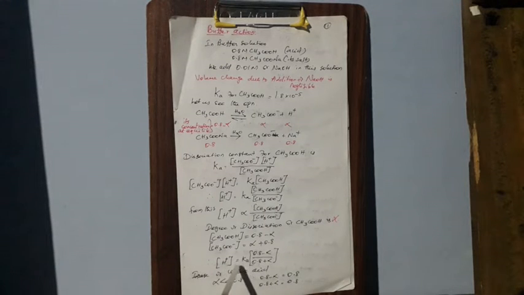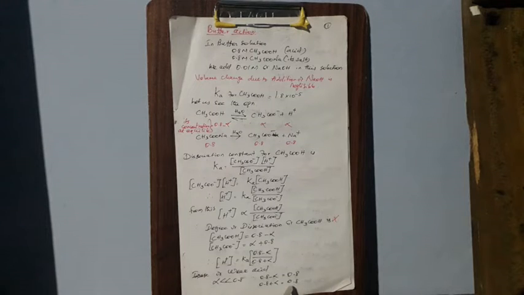Now H plus is equal to Ka into (0.8 minus alpha) divided by (0.8 plus alpha). In the case of a weak acid, alpha is much less than 0.8, so it is negligible. Negligible means 0.8 minus alpha is equal to 0.8, and 0.8 plus alpha is also 0.8.